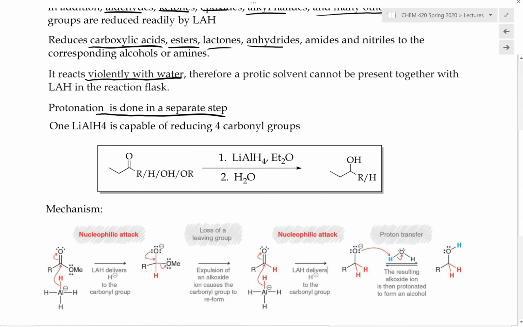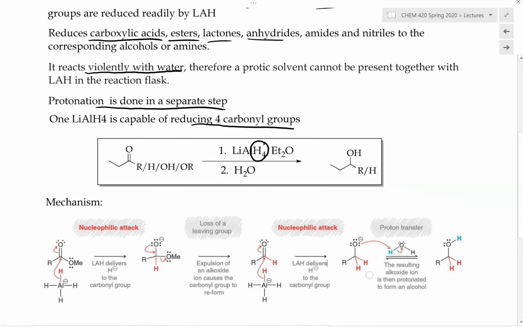One equivalent of lithium aluminum hydride is capable of reducing up to 4 carbonyl groups, because one molecule of it has up to 4 hydrides in it. That way, we don't need a one-to-one equivalent of it compared to however many carbonyls we have.